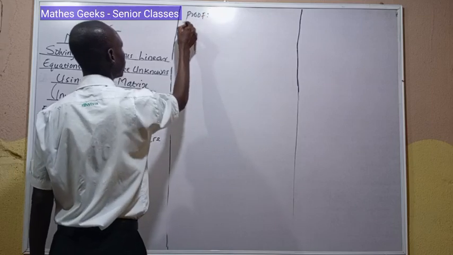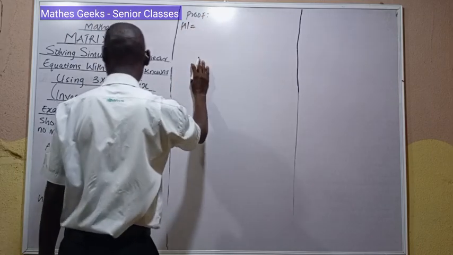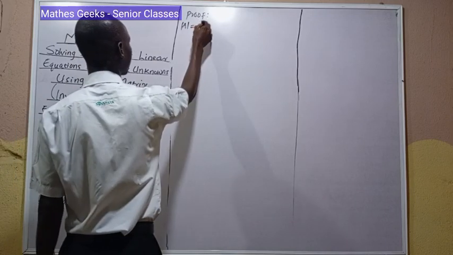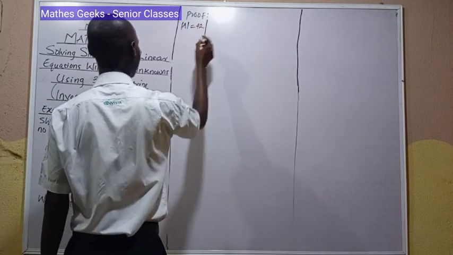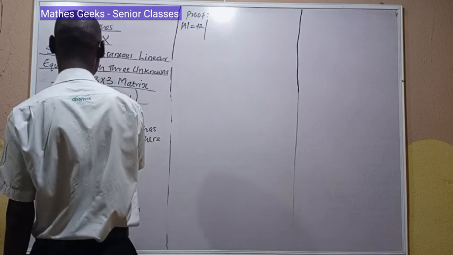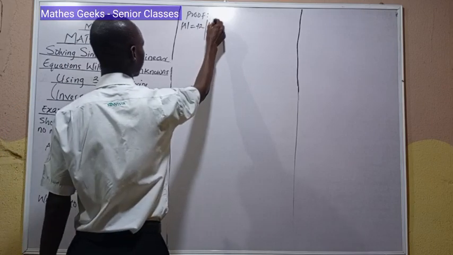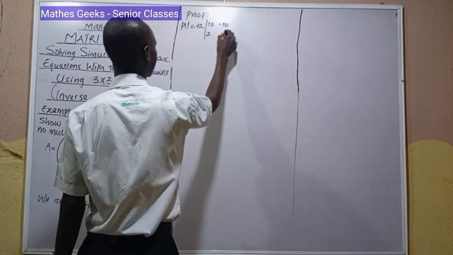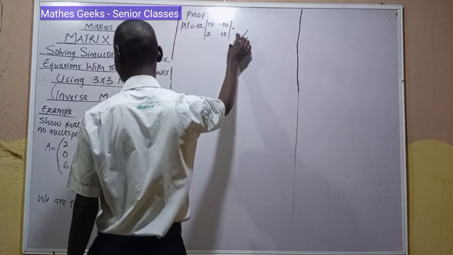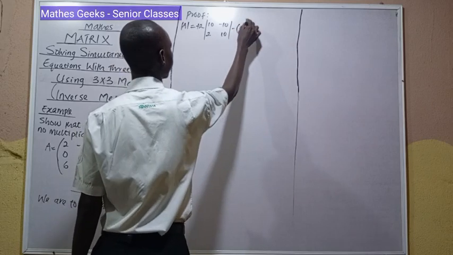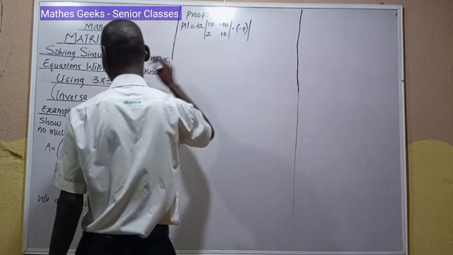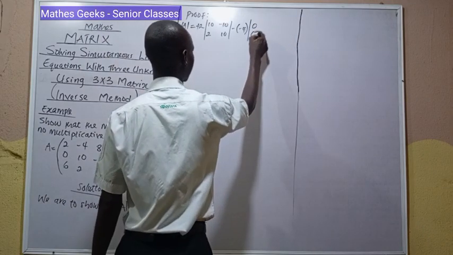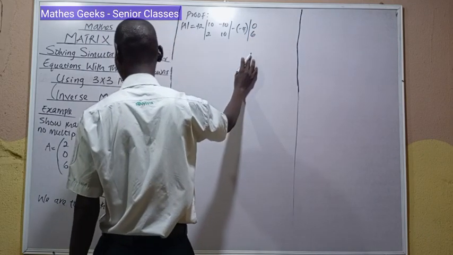So, as a proof, the determinant of A is equal to: first row, first column plus 2, times the minor 10 2, minus 10, 4.